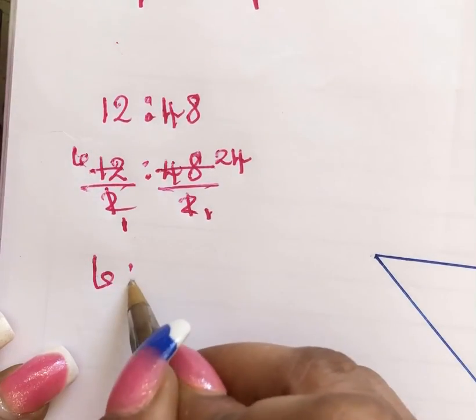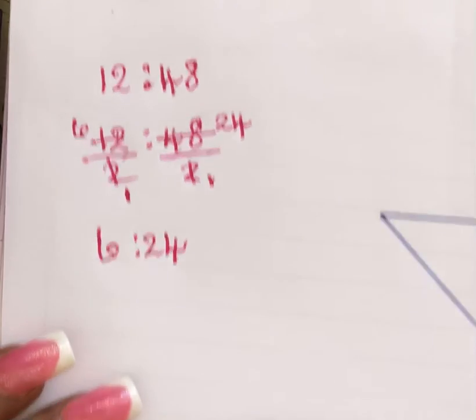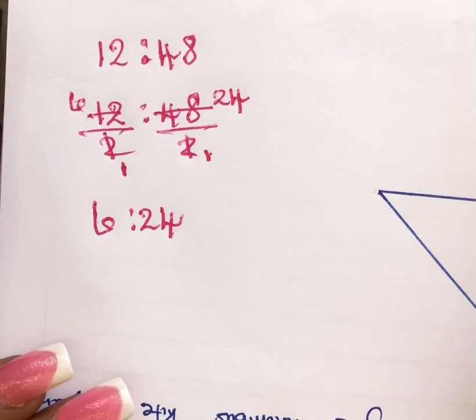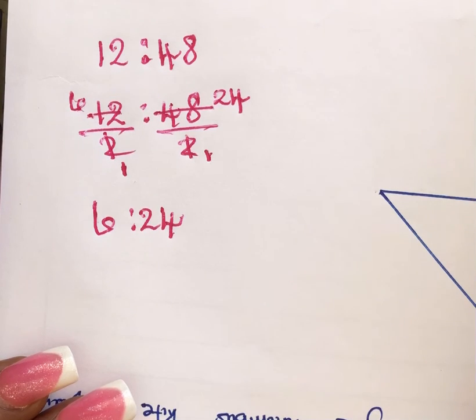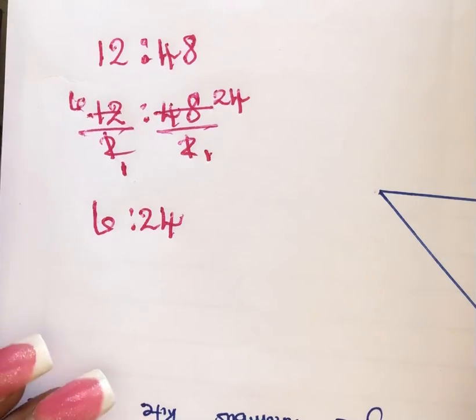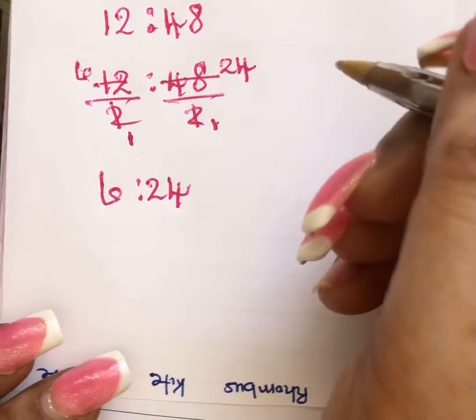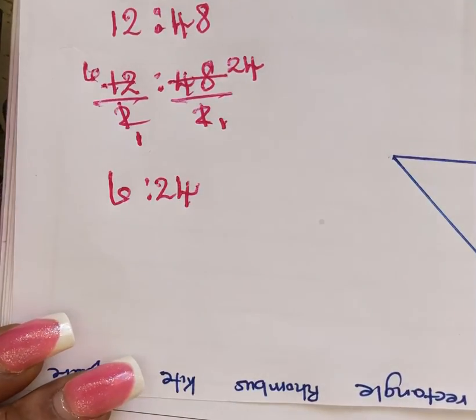Do you believe I can go further, or I cannot reduce any further? If you said yes, I can reduce, you are correct. I can use another number. Another child might say, let us use 2 again.